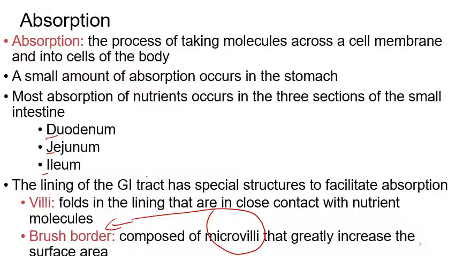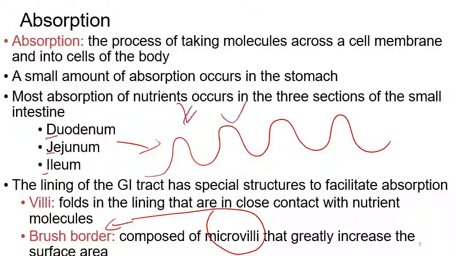So what they mean is, these are the villi. Remember, nutrients can go in. But in order to have more nutrients, they have these brush borders, the microvilli. So remember, because there's more surface area, they can absorb more nutrients.